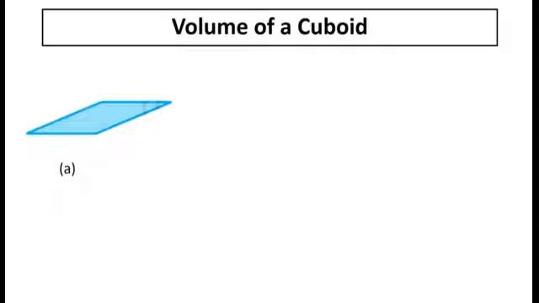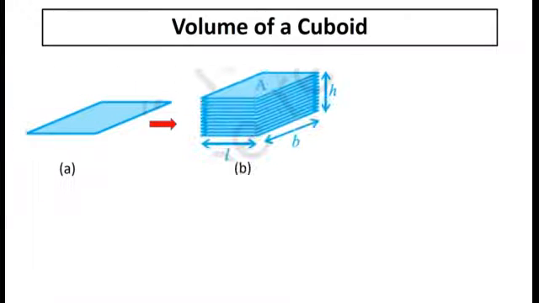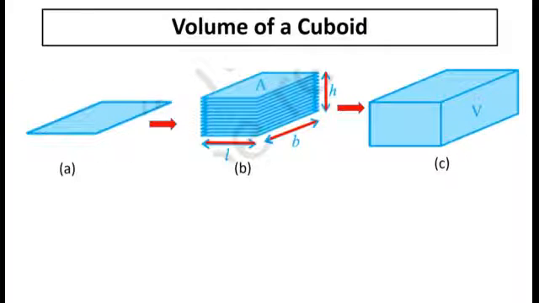If we place many plane surfaces as shown in figure B, we will get a cuboid, and this cuboid will have length equal to L, breadth equal to B, and height equal to H. This cuboid is further shown in figure C.